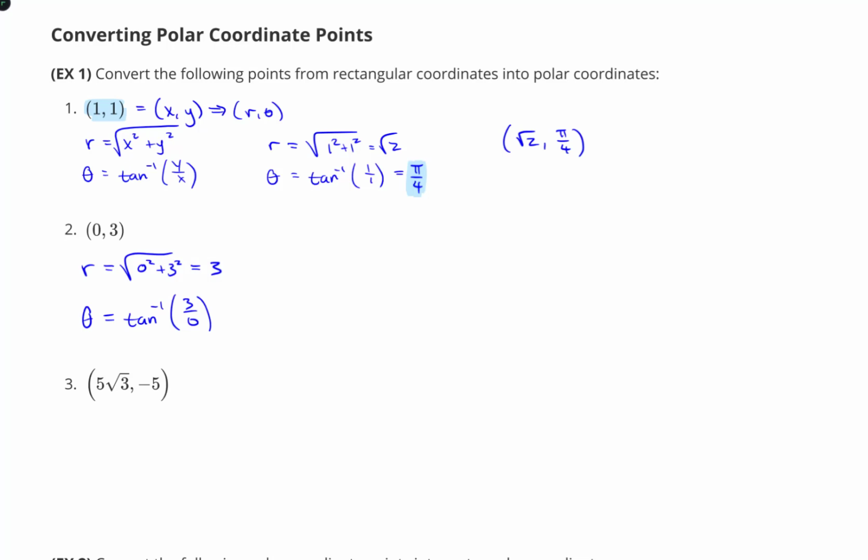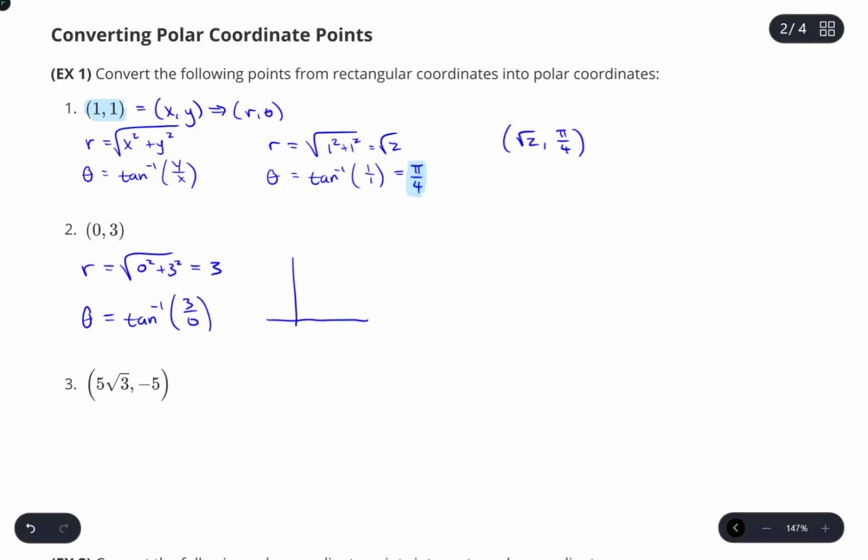So we can rely on those points, or you can just think of, where is this point really? So 0, 3, 1, 2, 3 would be right here, and that's an angle measure of pi over 2. So there's another way of developing that angle measure. So this would be 3 comma pi over 2.